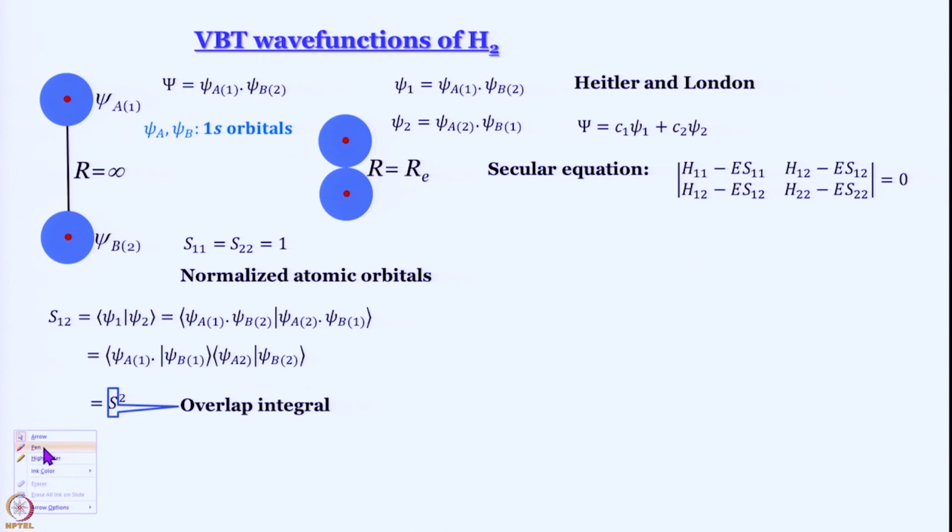Because if I just draw these 1s orbitals for you, hopefully I do not have anything here, so it is okay to draw here. Let us say this is where A is, its 1s orbital is an exponential decay, and since we have drawn 3D plots in the past, I hope it is okay if I draw on this side also.